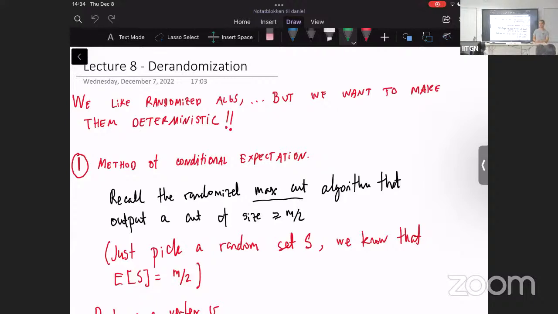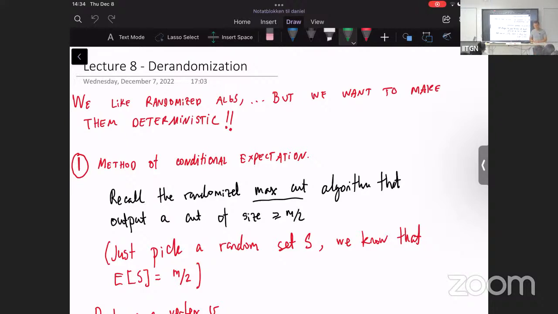So now that we have some algorithms that are randomized, let's see if we can get similar running times with similar ideas and get rid of the randomization. We'll be able to do it for some, not by far all of them, but in this lecture, we're going to see two examples.